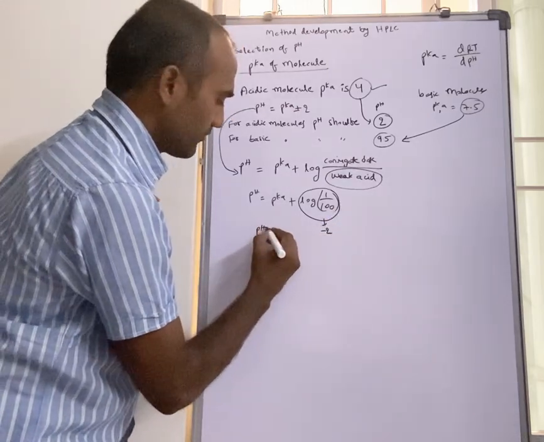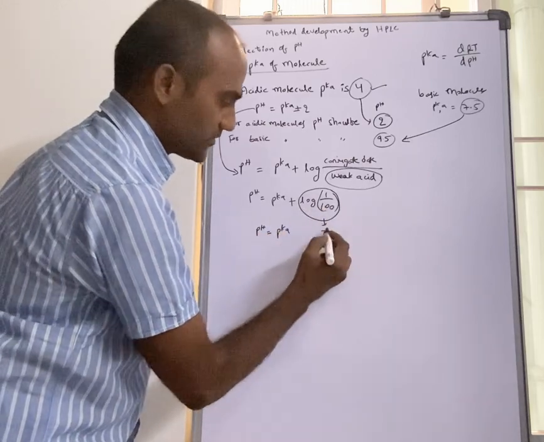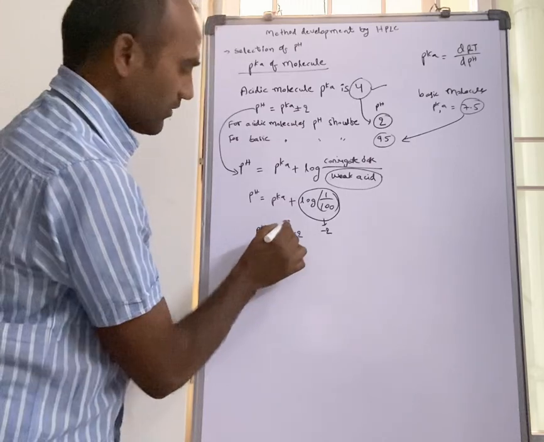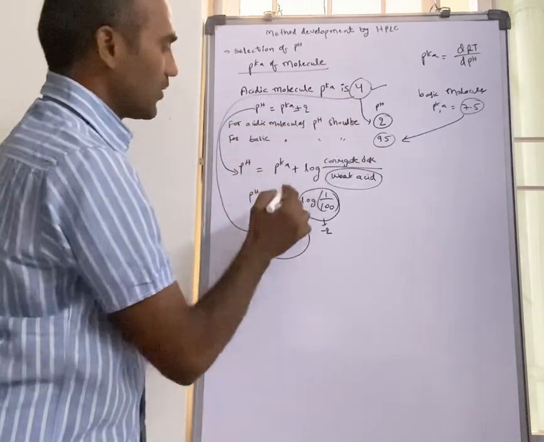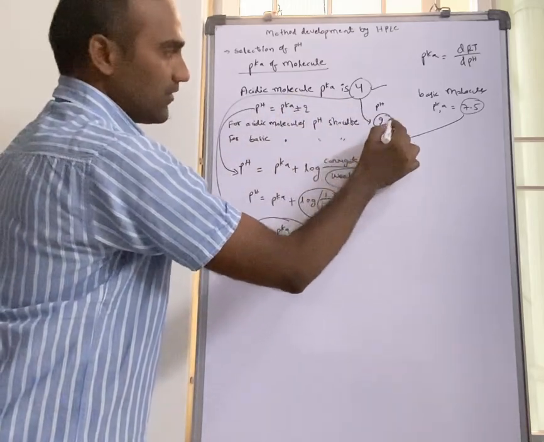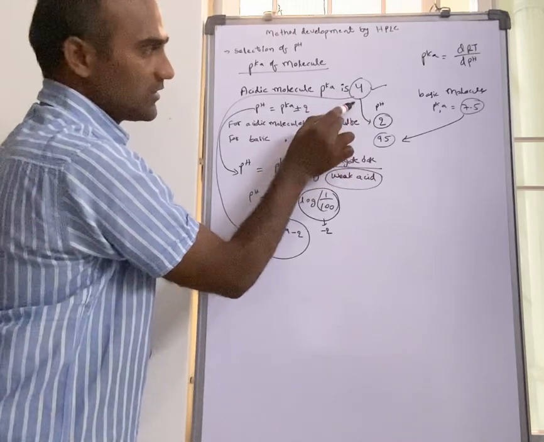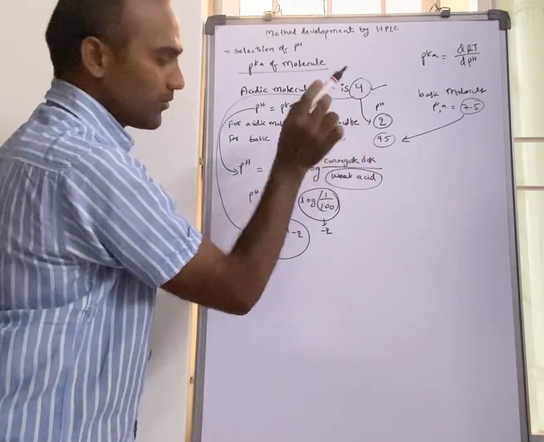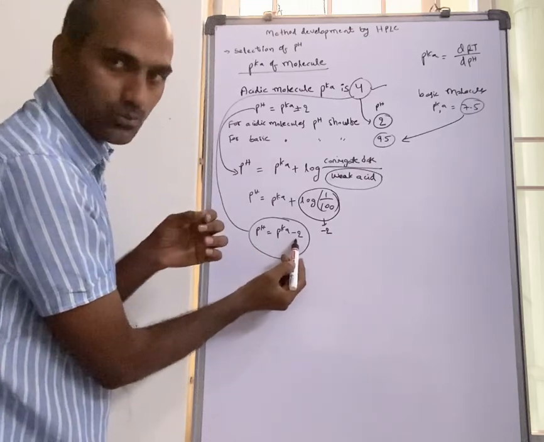So from pH is equal to pKa, this log 1 by 100 is minus 2. From this formula we got that for acidic molecules, the pH of the mobile phase should be 2 units less than the pKa of the molecule. pH is equal to pKa minus 2.